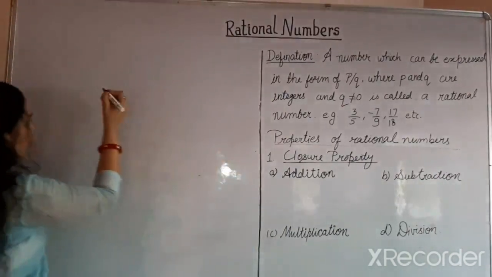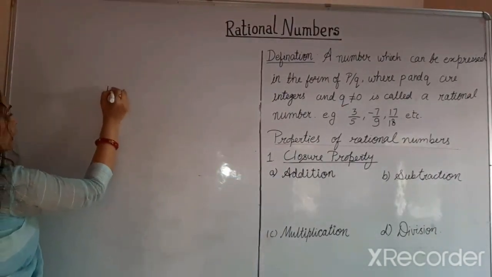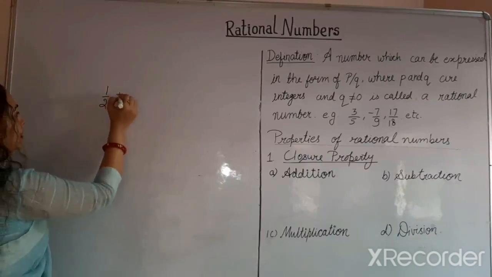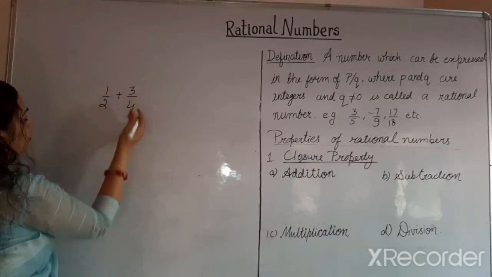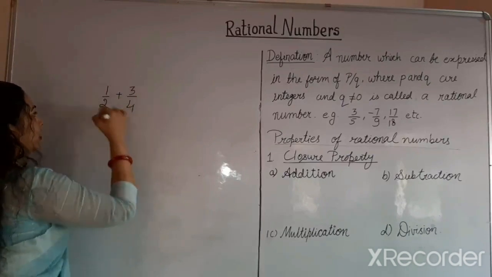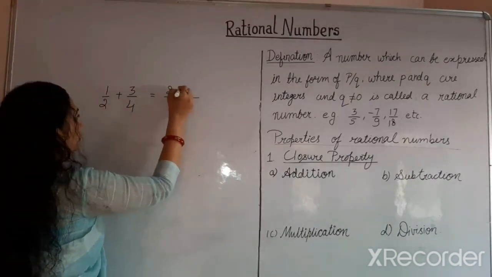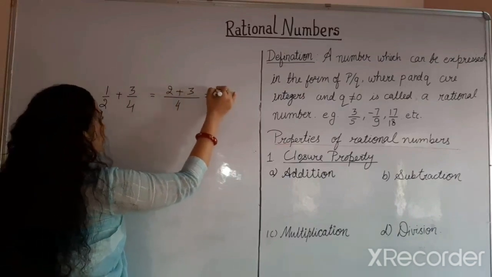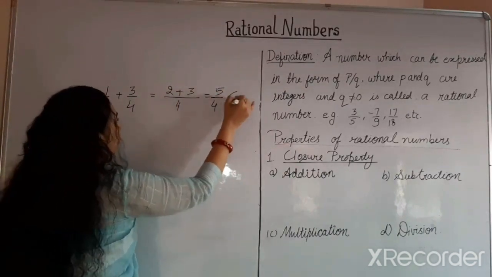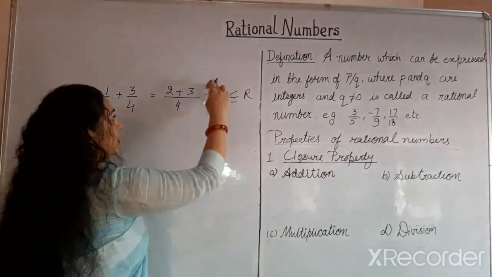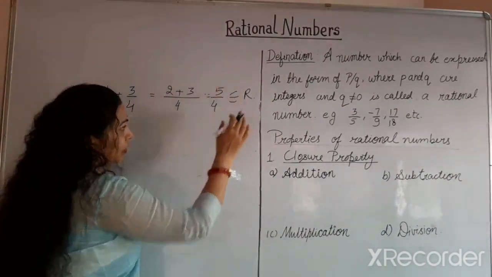Now, if we take an example, suppose 1 upon 2, which is a rational number, plus 3 upon 4, which is also a rational number. So their sum will be 2 plus 3 over 4, that is 5 by 4, which belongs to rational numbers, right? So this number is also a rational number.